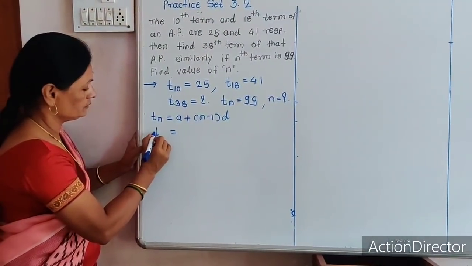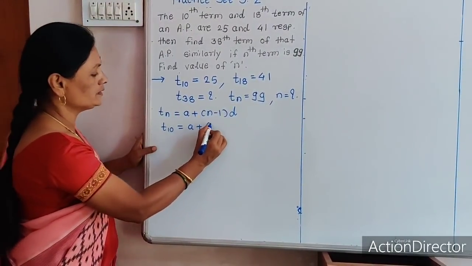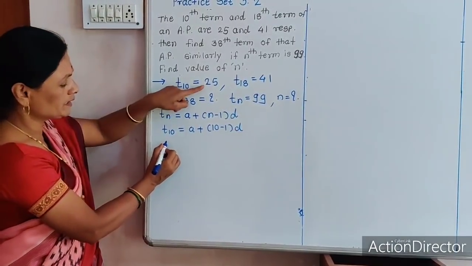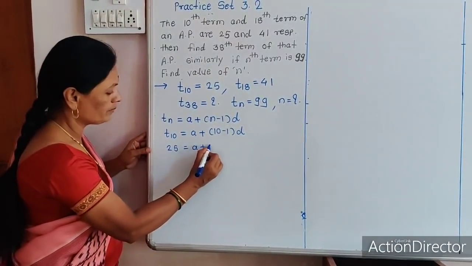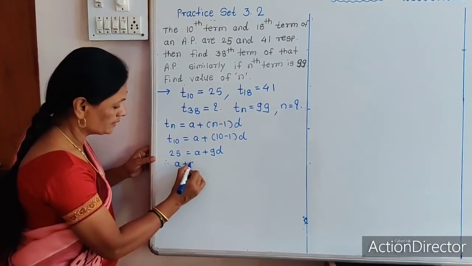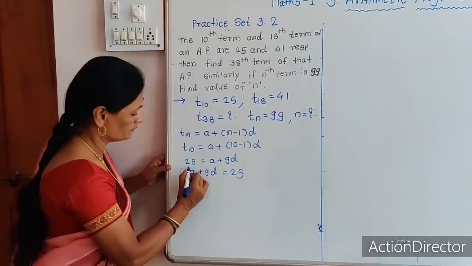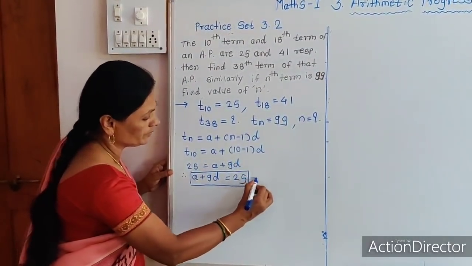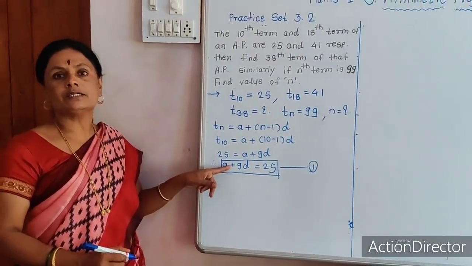T10 is equal to A plus, the value of n is 10, minus 1 into D. The value of T10 is 25. 25 is equal to A plus 9D. Therefore, A plus 9D is equal to 25. This is equation 1. This is a linear equation in two variables.